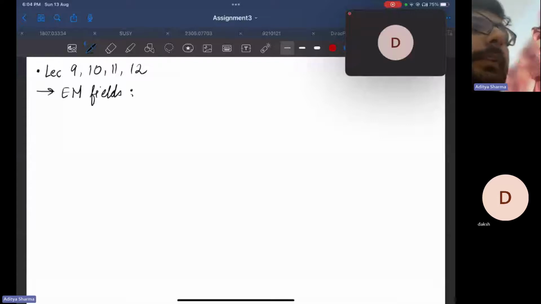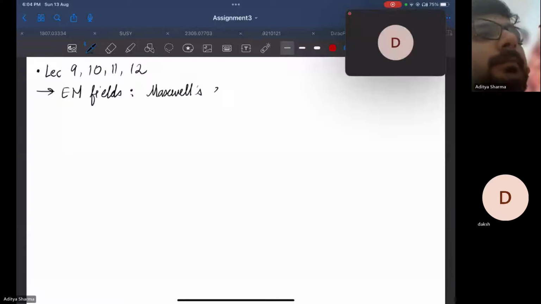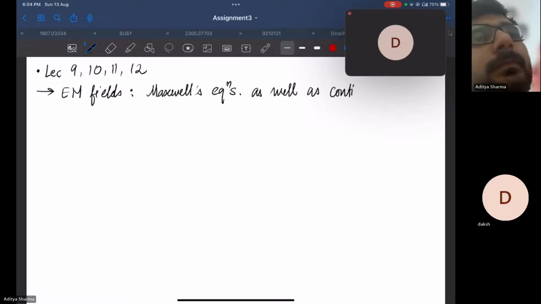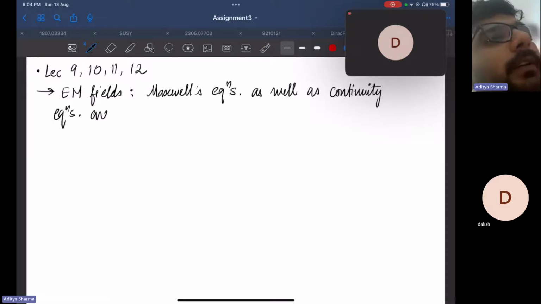Here we learned that Maxwell's equation as well as the continuity equation are consistent with special relativity.